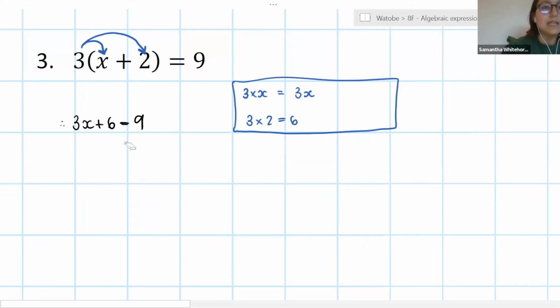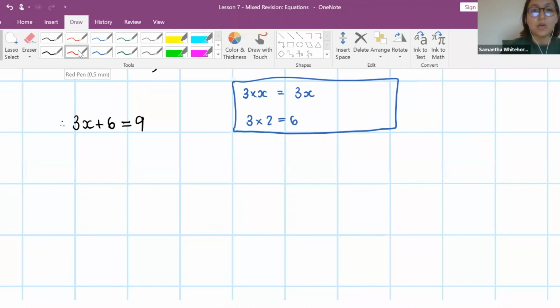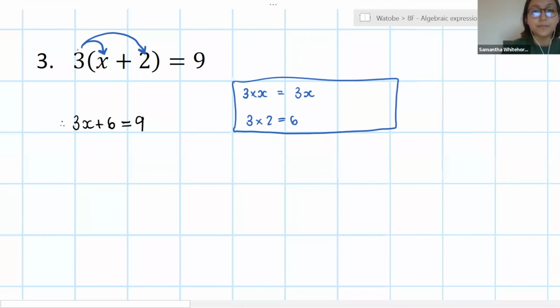Now this looks a little bit more like what we're used to, right? We've got an x on one side, we've got constants, and we now need to go and get everything to the right side of the equation. So first thing that I want to do is take this plus 6 and move it to the right because I know that's where I want to put my constants.